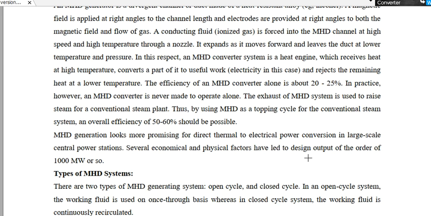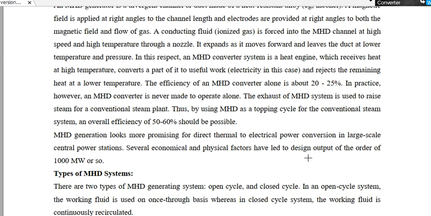So we can say that an MHD generator is not used separately to generate power, but it is used in combination with a conventional steam turbine power plant.